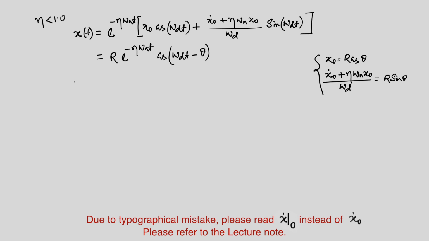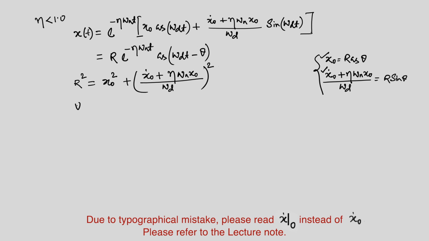So, what is r? If you just square these two expressions and add them up, you will get r square equal to x naught square plus eta omega n x naught divided by omega d whole square.